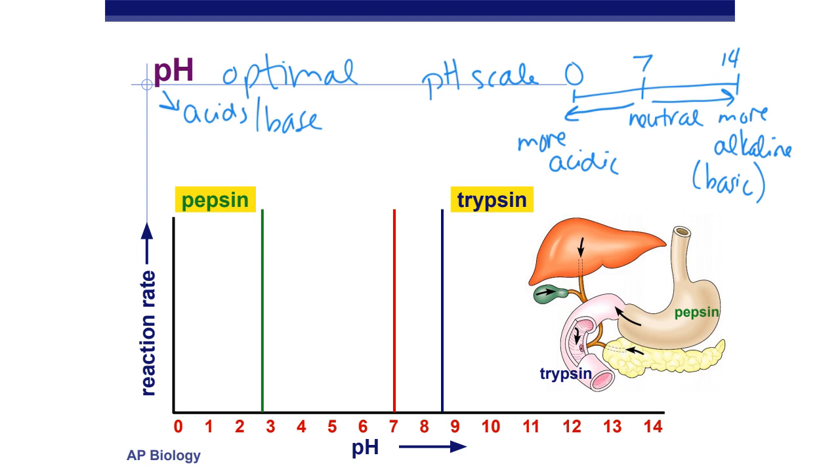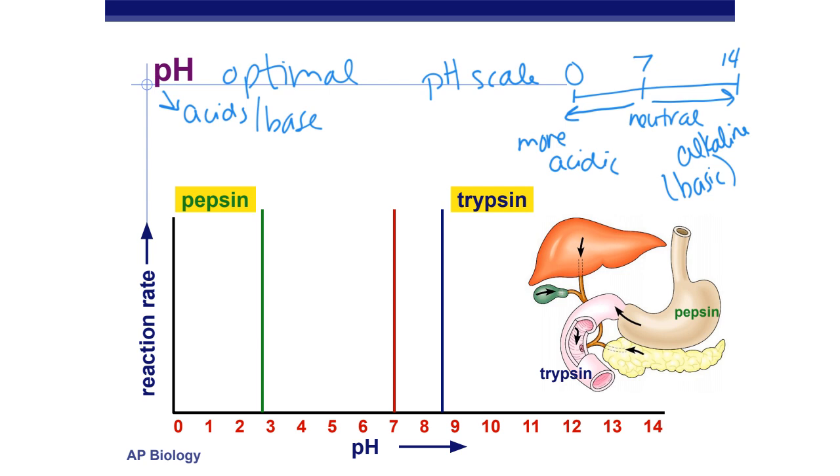Things that are alkaline or basic, those are things like ammonia, nitrogen-based compounds like ammonia, the bleach, right? So those are very dangerous, just as dangerous as any acid could be. I'm afraid that some of that may have been cut off on the edge. So alkaline or basic as I go towards 14.